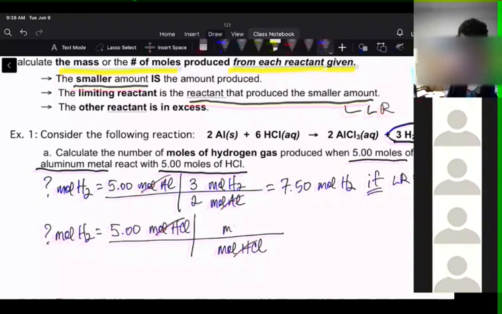How many moles of H2 can I produce from that HCl? So I'll look up those values in the equation. And that's how many I can produce if the limiting reactant is HCl.